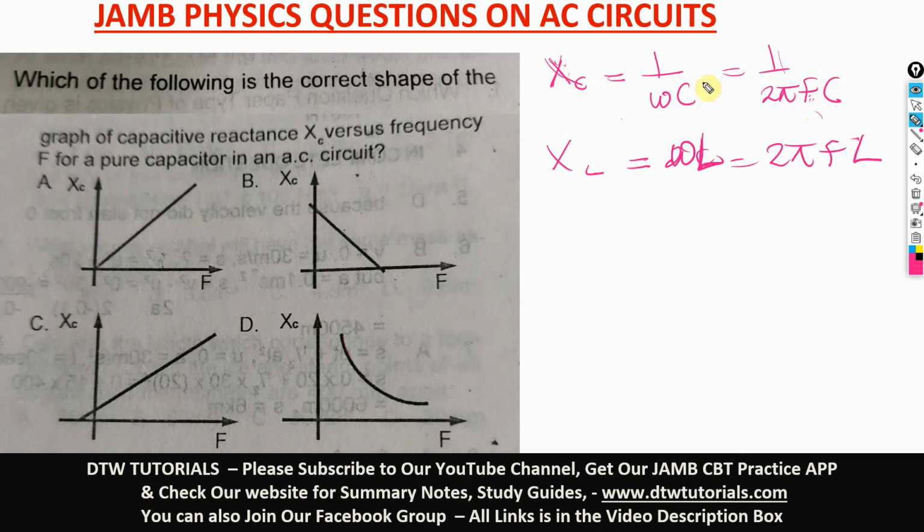Are you getting me? That's what this statement means. We're looking at the capacitive reactance versus the frequency, so let us bring out XC is equal to 1 over F. As F increases, XC will decrease. So our graph would go this way.